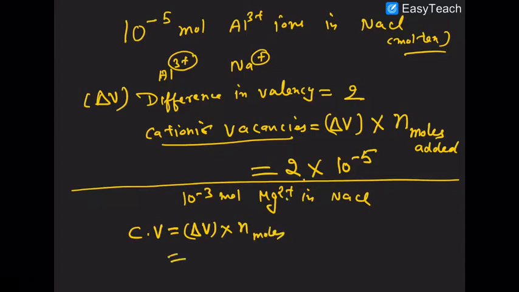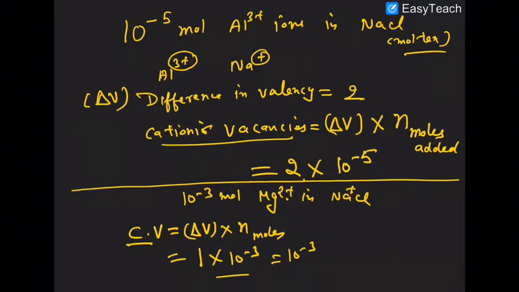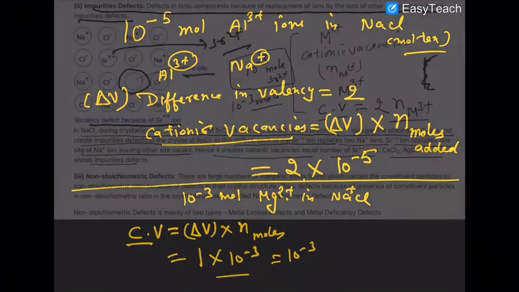For Mg2+ and Na+, the difference in valency is 1, and the number of moles added is 10 power minus 3. So 10 power minus 3 moles of cationic vacancies are created by the addition of that much MgCl2. Cv stands for cationic vacancies. Easily understood?